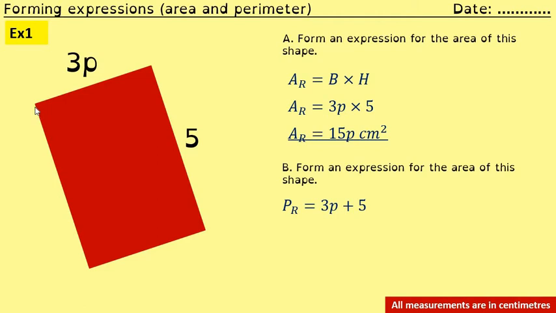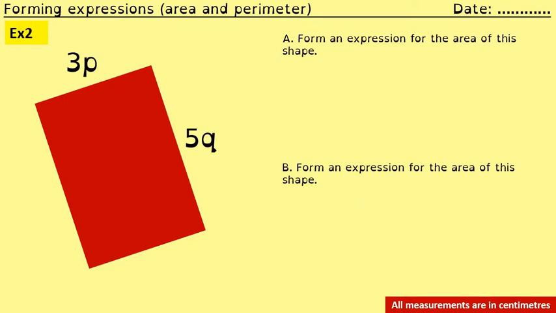Remember the illustration from the previous slide, it's the length of the line all the way around the shape. So we need another 3p and another 5. This is where we're going to be using collecting like terms. We can see we've got like terms here. So we can collect those up to 6p plus 10 centimetres. And that's the final answer for the perimeter of this shape.